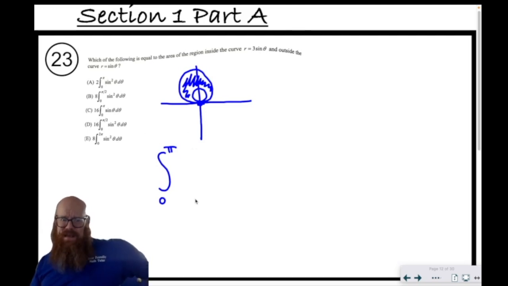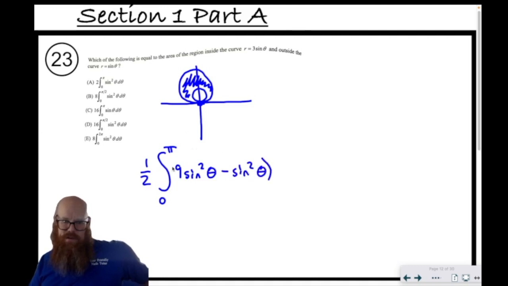And then it is the area in between them. It is the big R. This is 1/2 the integral of big R squared minus little r squared. All right, so that is big R squared is 9 sine squared theta minus little r squared is sine squared theta d theta.